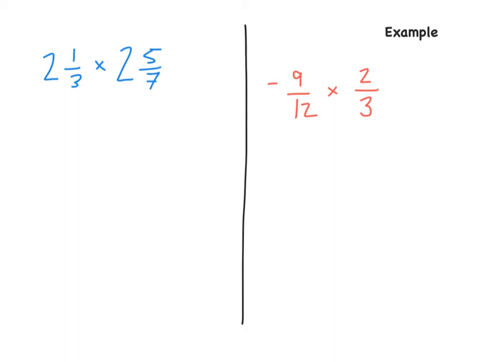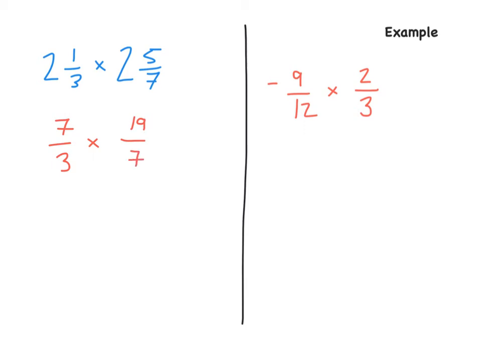So we can rewrite this as 7/3 times, then we have 7 times 2, which is 14, 14 plus 5, which is 19, and then we would have 19 over 7.